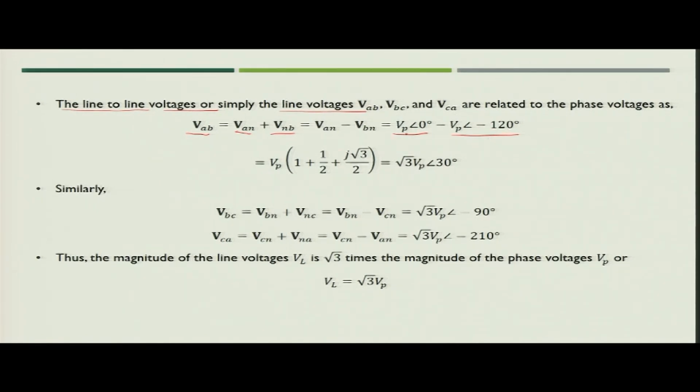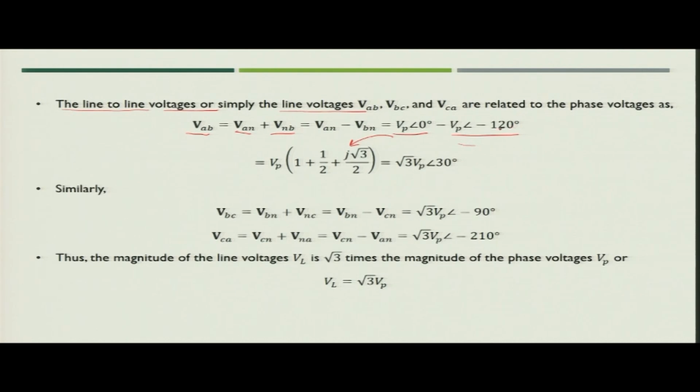Now, if you simplify VAB as VP angle 0 minus VP angle minus 120 degrees, and put them into rectangular format, you can take VP out. Angle 0 will give you simply 1, then VP angle minus 120 degrees is nothing but VP angle 240 degrees.